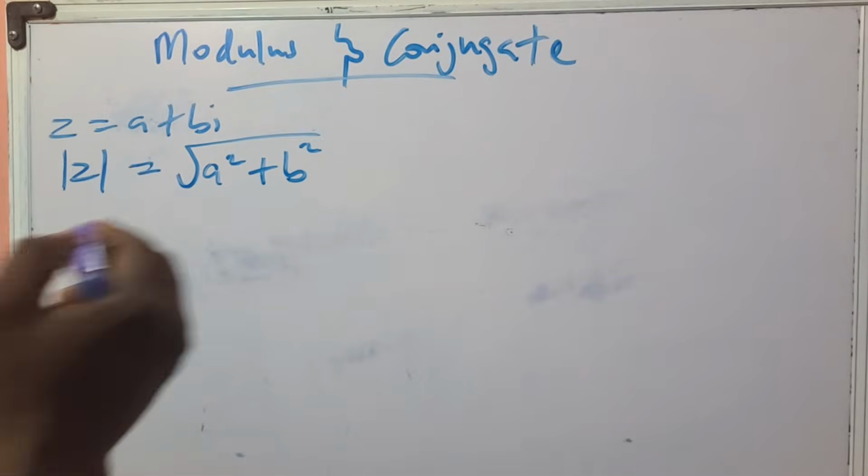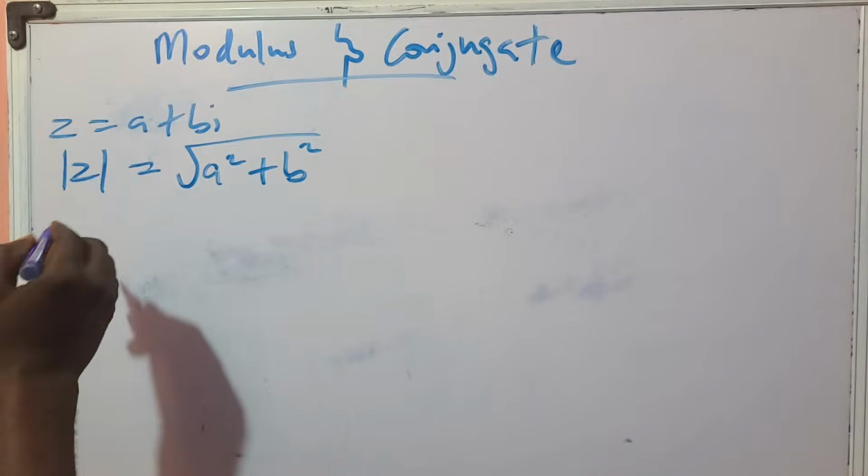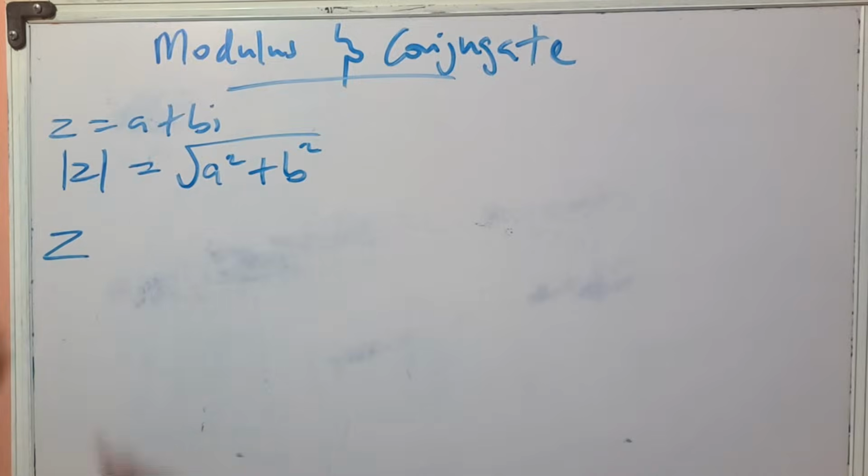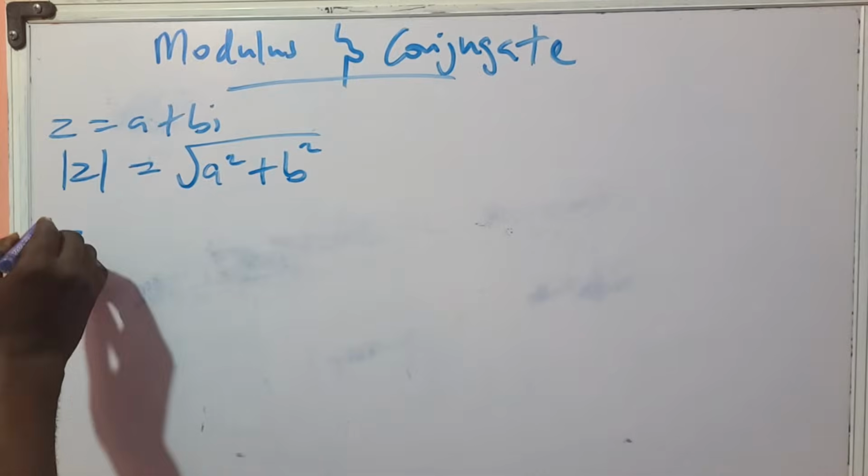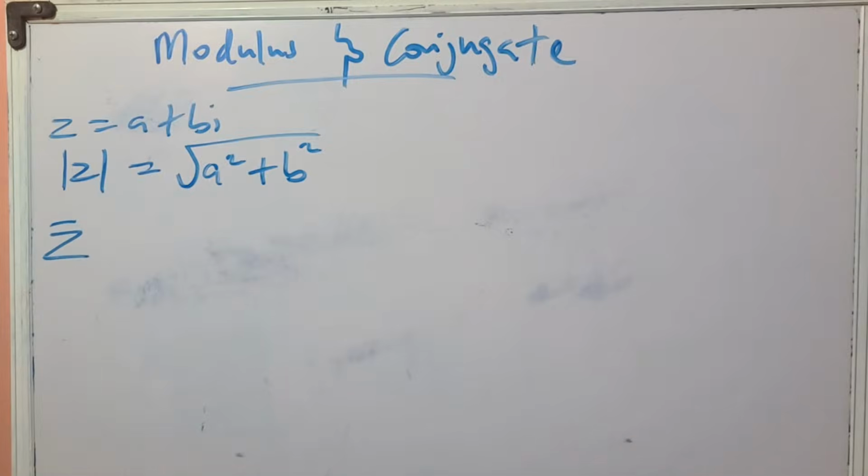The conjugate, all right? We always denote the conjugate as a z with a line on top. So it's very important for you to understand the nomenclature, because some questions may decide to be silent on the terminology and just give you the symbol.